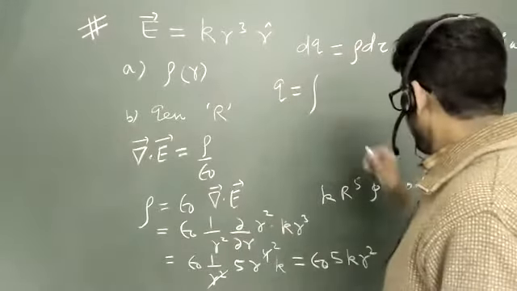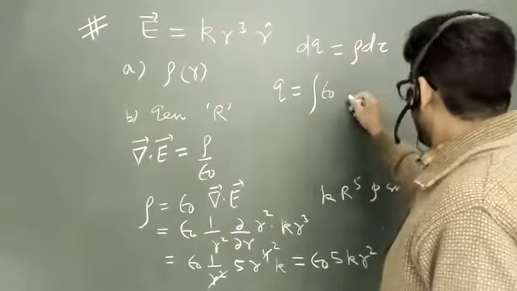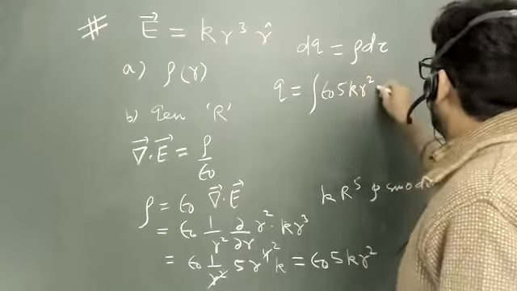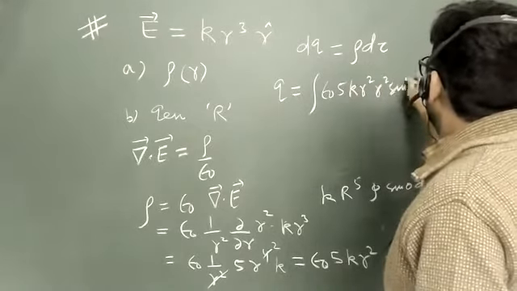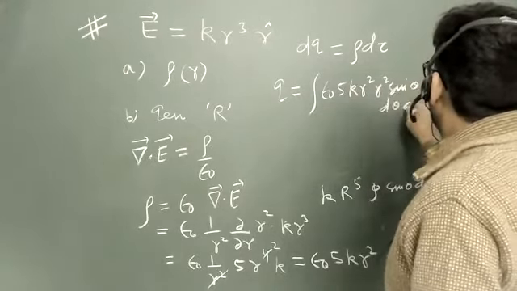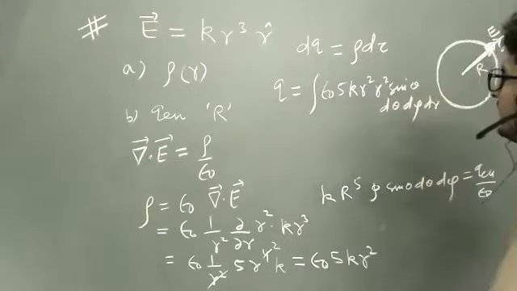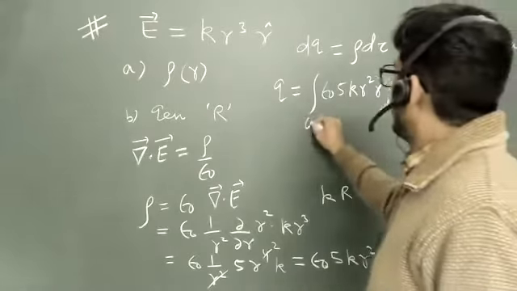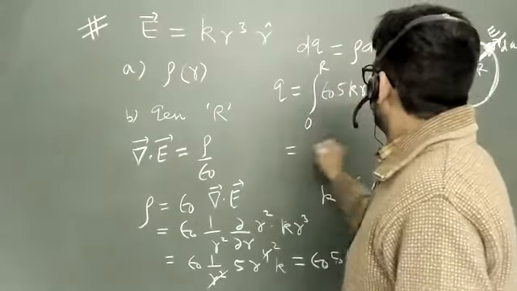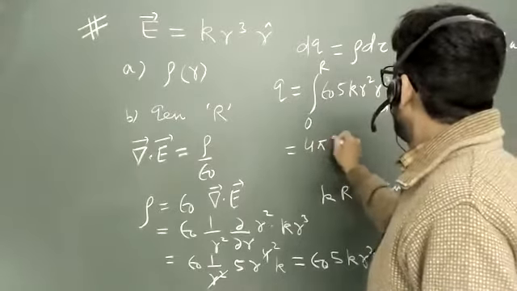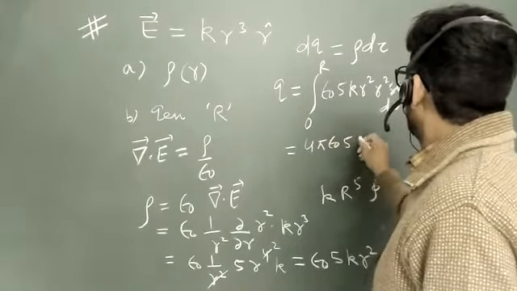This will be the integral of epsilon naught 5 k r square, this is the rho, and then r square sine theta d theta d phi and dr, from 0 to r. So this will give 4 pi epsilon naught 5 k.